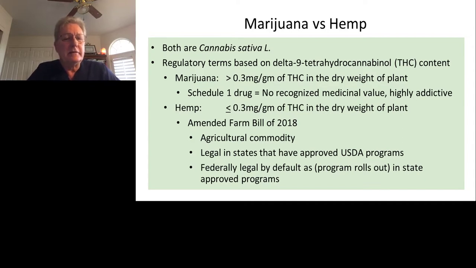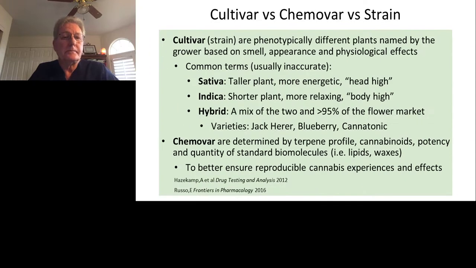And in states that have defined a USDA program which makes hemp growing legal in that state, by definition, if it's legal in the state, then it's federally legal by default. Now, that was October of 2018. We're in March of 2020, and the federal government still has not rolled out their federal program.